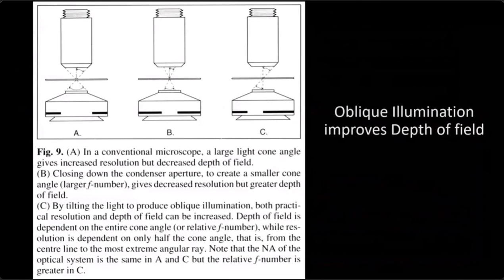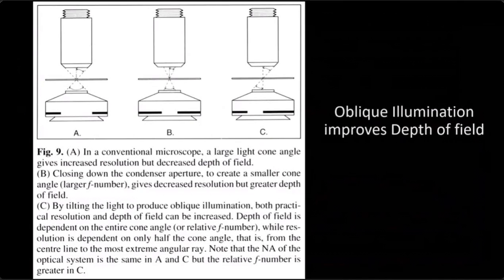So now if you close down your aperture, when you go to the diaphragm or the iris in your condenser lens, you close down the condenser lens, you start getting better contrast and better depth of field. But what it's doing, it's making a smaller cone angle. And that smaller cone angle reduces your NA, which gives you not as good resolution, but it gives you better contrast and depth of field.